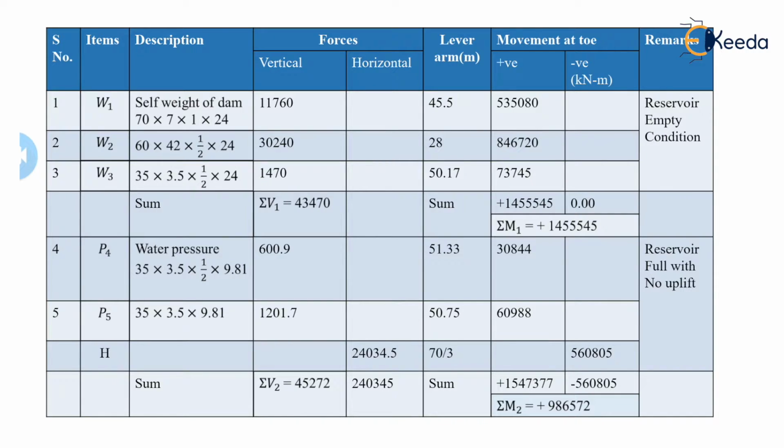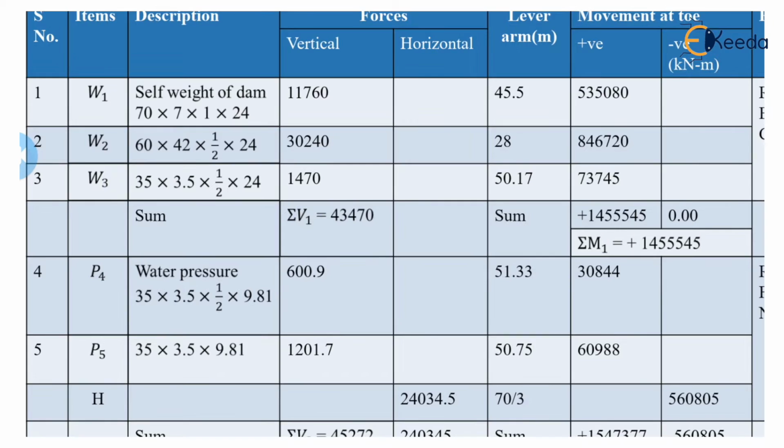So 70 meter is the total depth of the gravity dam. So 70 multiplied by 1, that is the unit length of the dam, and 24 is the unit weight of the material, that is concrete. So here we will get the force as 11,760 kilonewton.